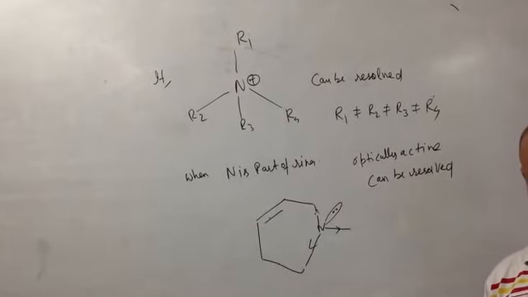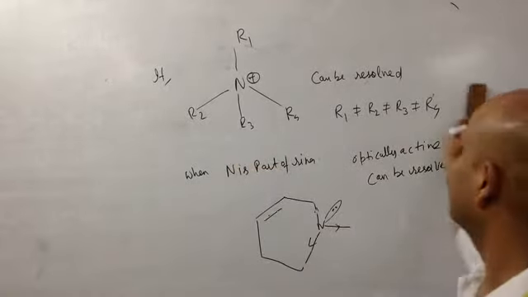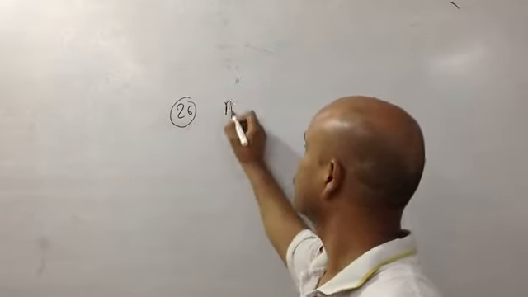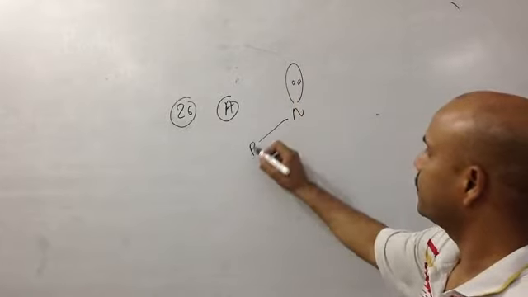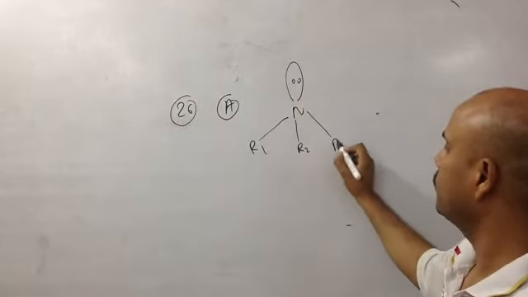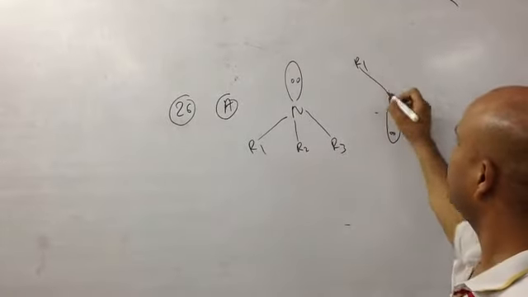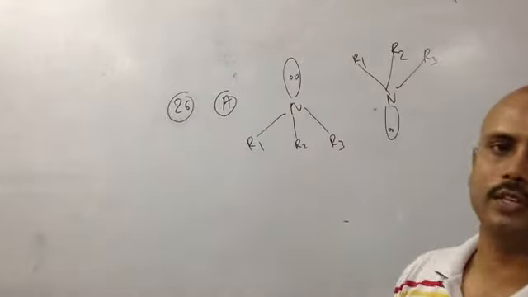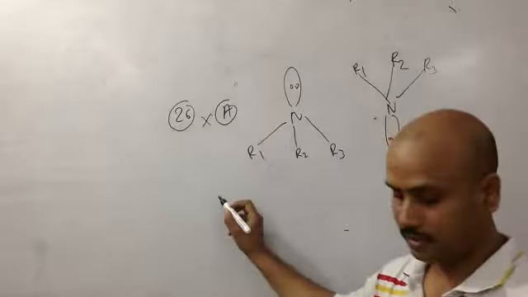Now if you see question number 26, 26A has this compound: N, lone pair, R1, R2, R3. Of course it is optically active. 4 different groups are present but it cannot be resolved. Therefore A cannot be resolved.